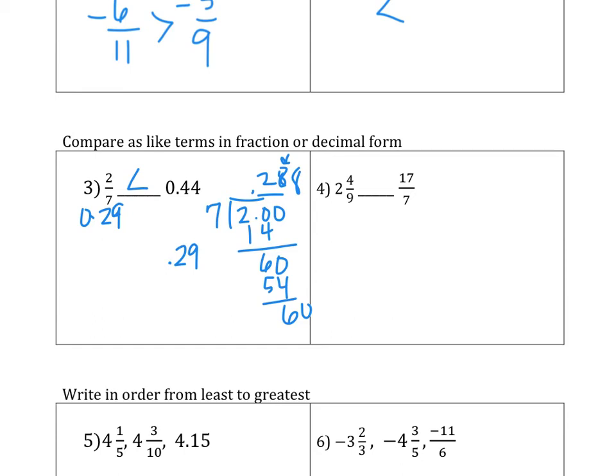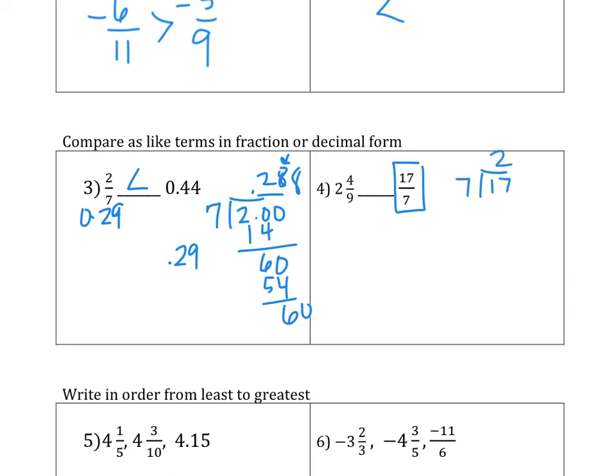Number 4, first thing I'm going to do is compare whole numbers. I have a 2, and then essentially that's a 0. So I see right here I have an improper fraction, so I need to turn that into a proper fraction. I would do this by saying how many times does 7 go into 17?